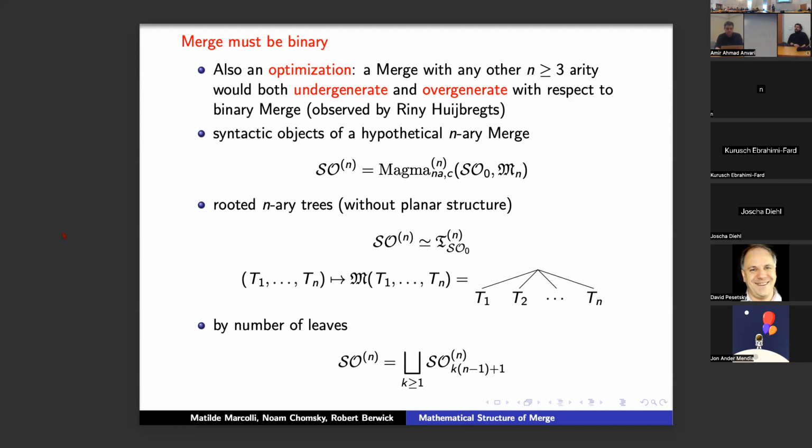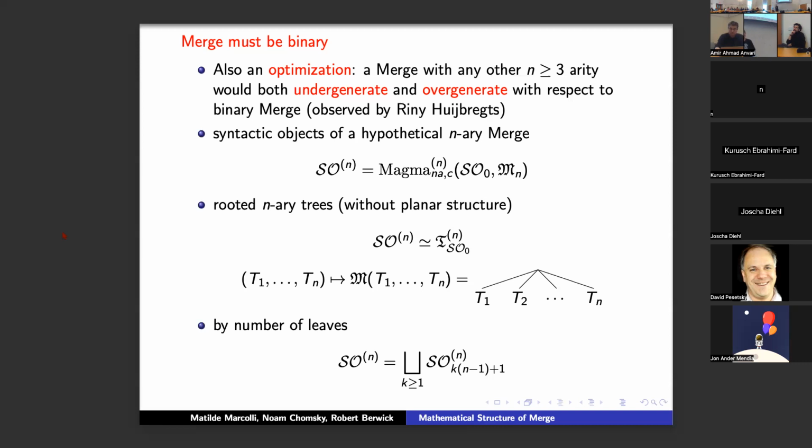If n is the arity of your operation, the only numbers of leaves you can have are of the form k times (n-1) plus 1. This has the very odd consequence that all your sentences would only be allowed to have a length that is k times (n-1) plus 1. It's kind of a weird language.